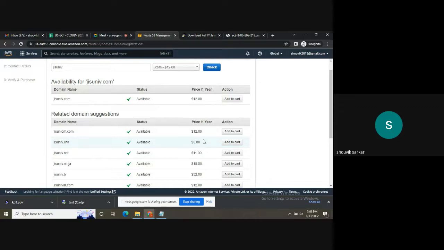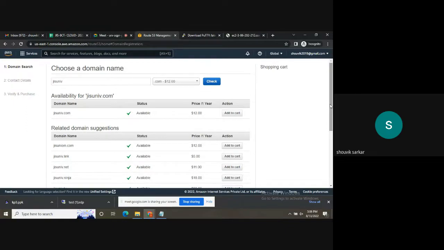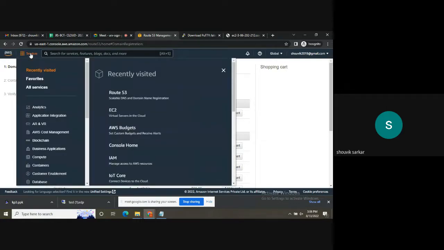So if you go with this cloud-based domain name, it is actually a little bit costly with respect to others. If you pay 99 and that kind of, the domain price varies from time to time. So you may purchase a domain from this AWS Route 53, or you may purchase it from any outside website.